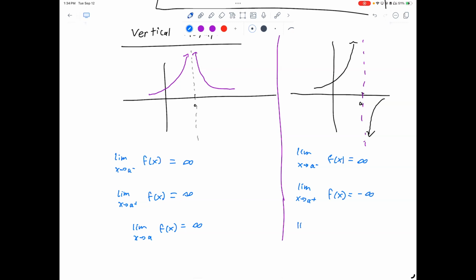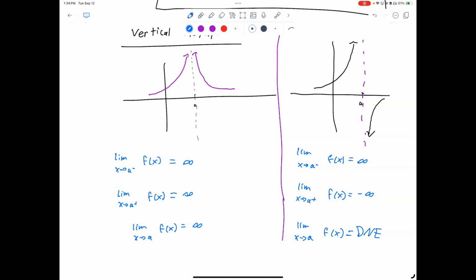Therefore, the limit as x approaches a of f of x does not exist. That's the only answer for that one. If they don't point in the same direction, if the left and right are not both pointing up or both pointing down, the two-sided limit does not exist. Whereas this one, they're both pointing up, so the limit is infinity.